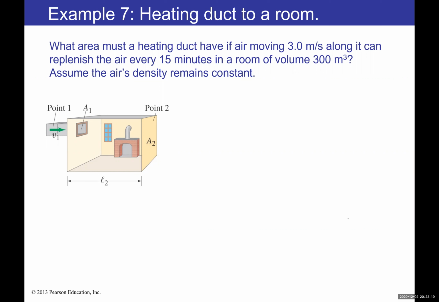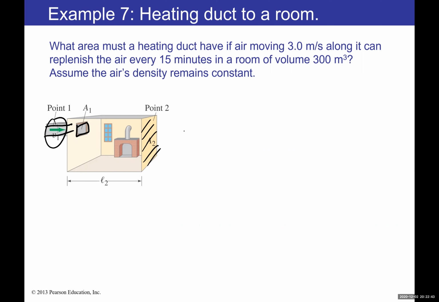All right, so we're basically given 2 points. One is a certain opening here, which we're given as area 1. So let's say here's the opening, area 1, and this is V1, which is the air moving through point 1. And the second is, let's say, the room wall, which has area 2.